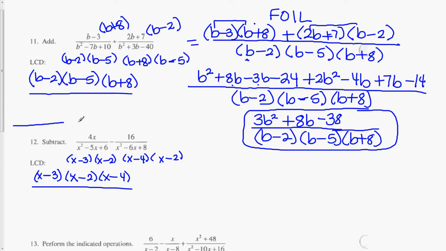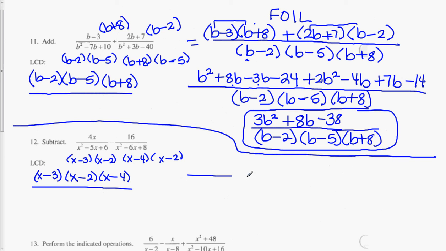I'm going to try and draw a little line so we can kind of see the space. So I'm going to make my LCD. It's going to be x minus 3, x minus 2, and an x minus 4. And then we're going to see what's missing. From the old denominator, I've got x minus 3, x minus 2, missing that x minus 4.